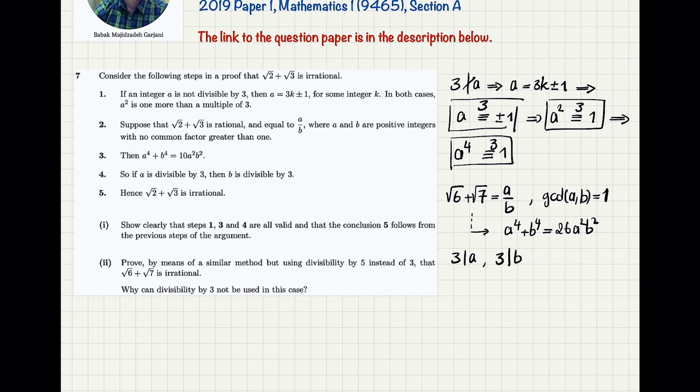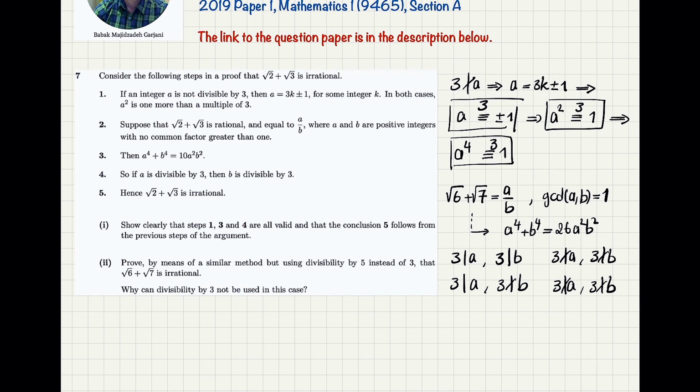The first case, 3 divides a, but 3 does not divide b, and then 3 does not divide a, but 3 divides b, and finally 3 doesn't divide a, and 3 doesn't divide b. What I'm trying to say is that again you will be able to rule out the first 3 but not the last one.